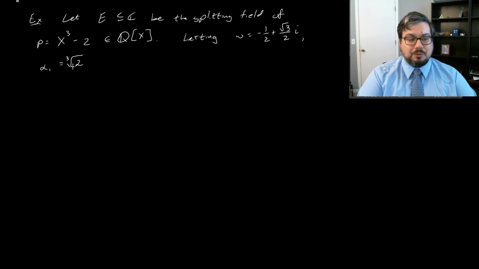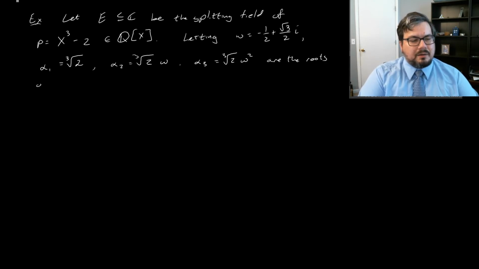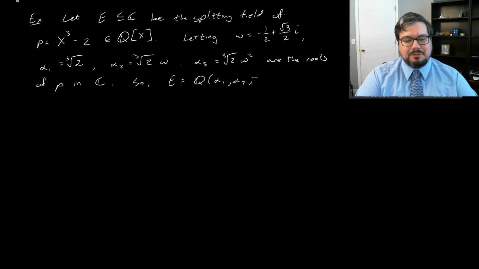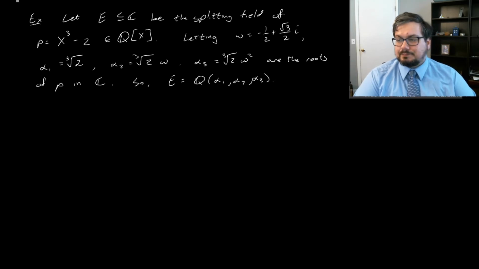We have alpha 1, which is the cube root of 2, alpha 2, which is the cube root of 2 times omega, and alpha 3, which is the cube root of 2 times omega squared. And these are the roots of p in C. So we have that the field E is the smallest field containing the rationals, and alpha 1, alpha 2, and alpha 3.